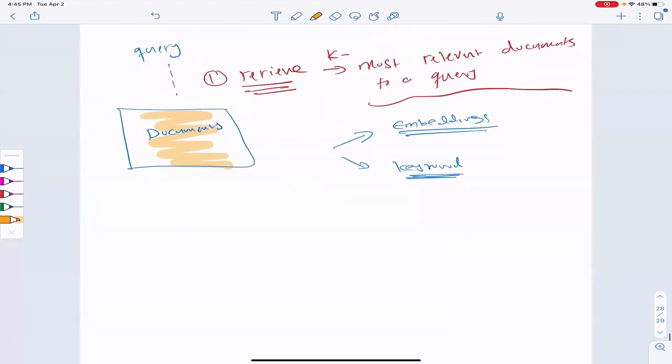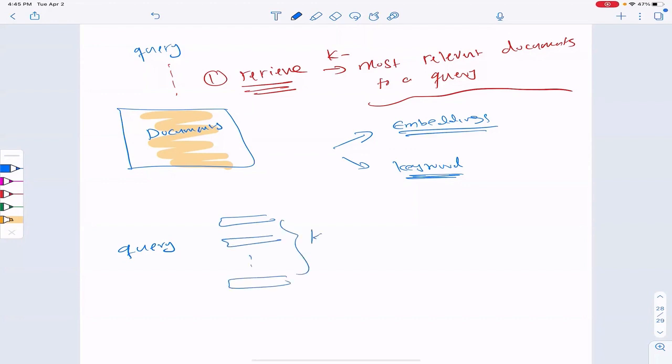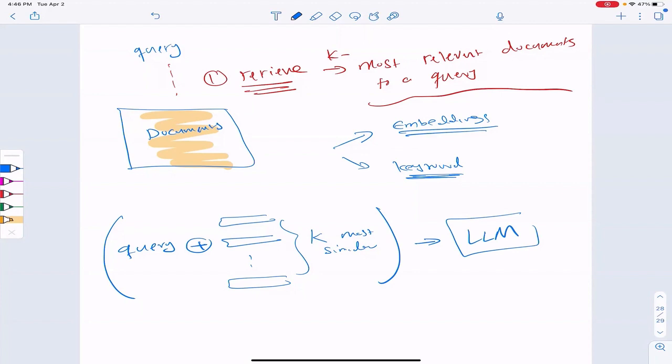So now you have a query, then you have K relevant documents, the K most similar or relevant documents. And then you have this as the input to your LLM.